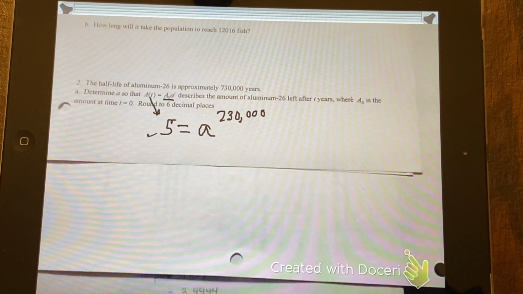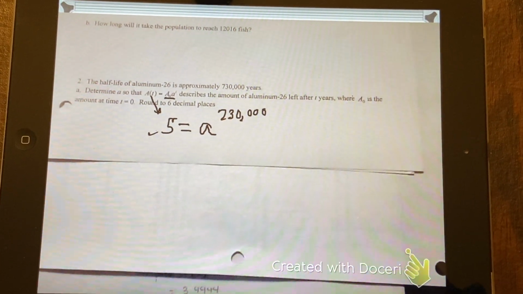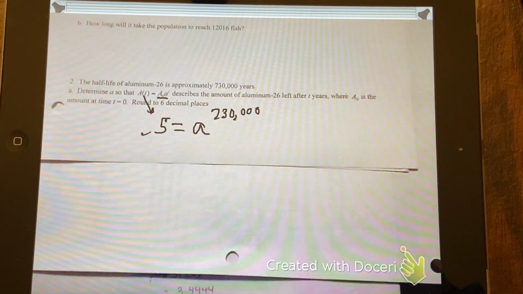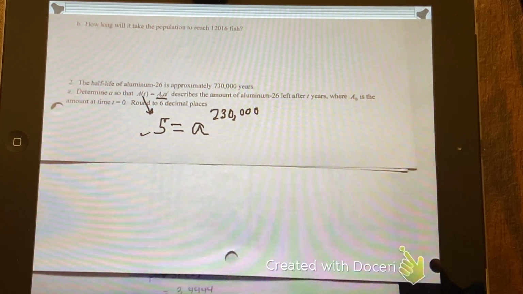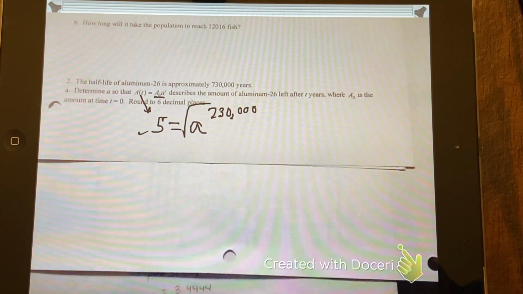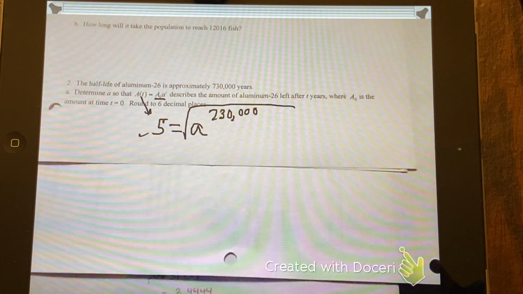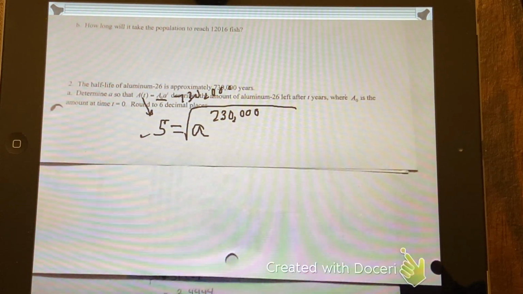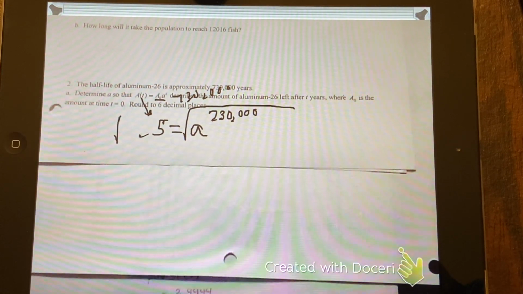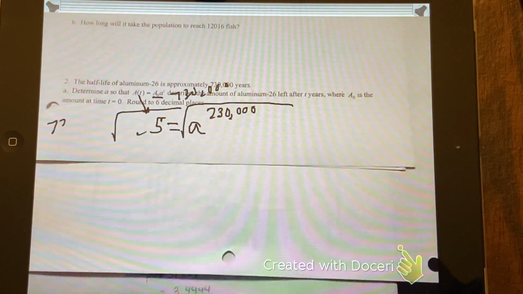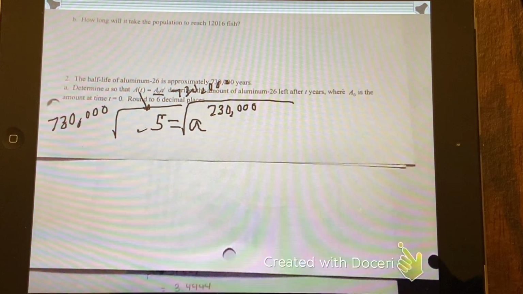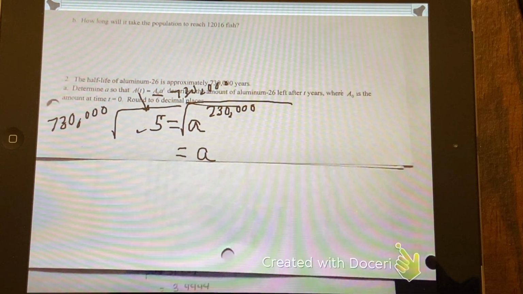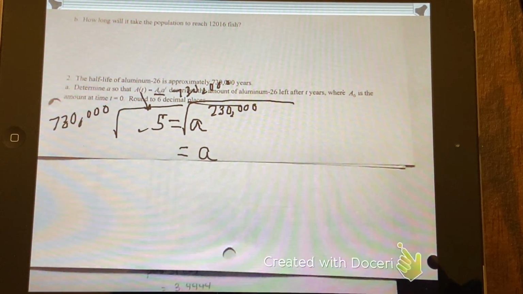All right. So what I'm going to do is like I did at the top of the page. I have an exponent of 730,000. I need to get rid of that exponent. So I'm going to take the 730,000th root. Yep, you can do that. What I do to one side, I'm going to do to the other. That is going to cancel, and I need to know how much I start off with in the beginning.